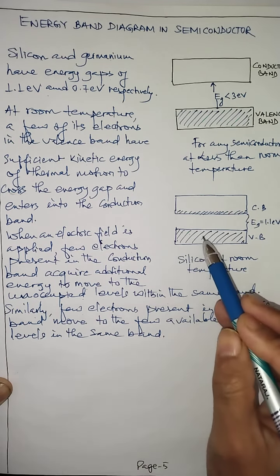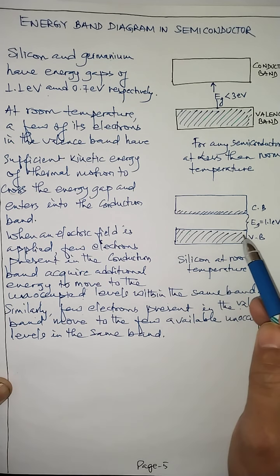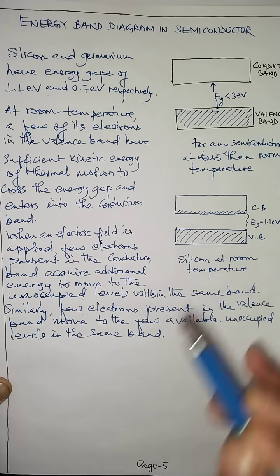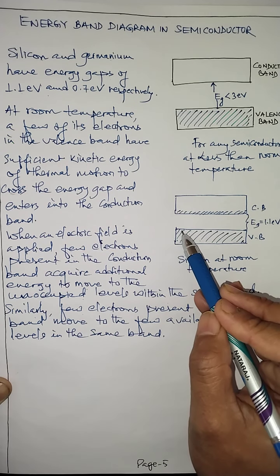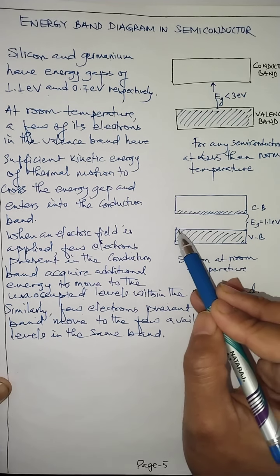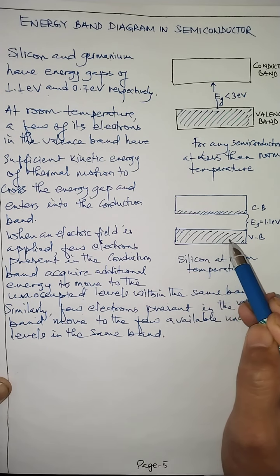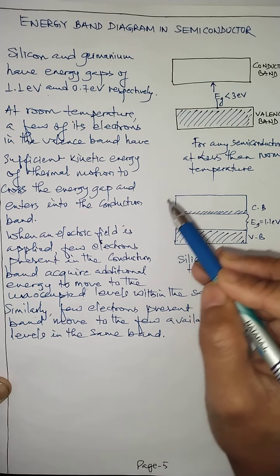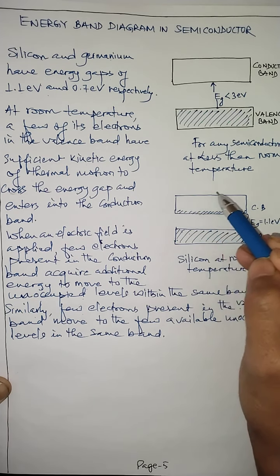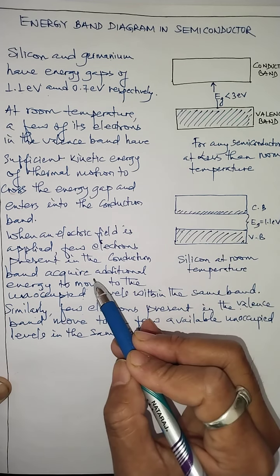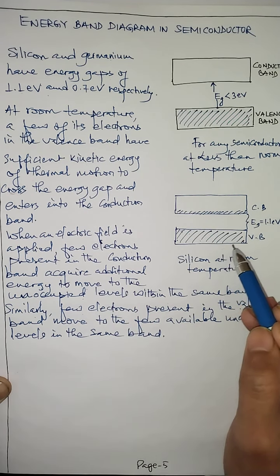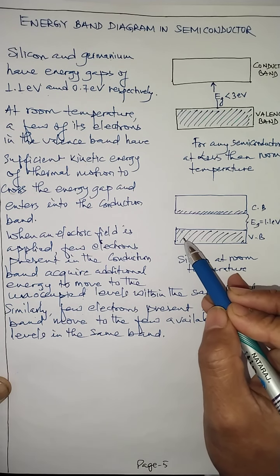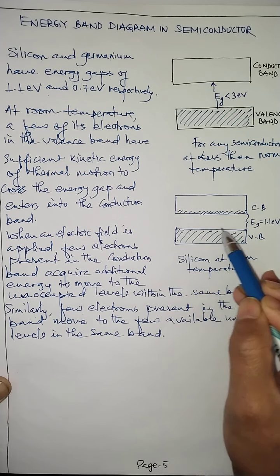Similarly, a few electrons present in the valence band move to the few available unoccupied spaces in the same band. When electrons move from the valence band to the conduction band, some space is created. Under the electric field, the electrons already in the conduction band can move to the unoccupied levels of the conduction band by getting extra energy, whereas very few electrons in the valence band can move to unoccupied levels of the same band.